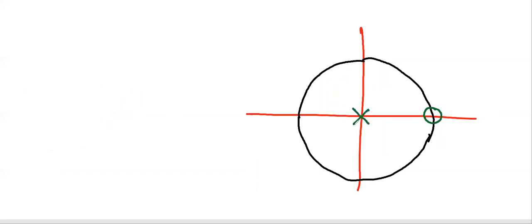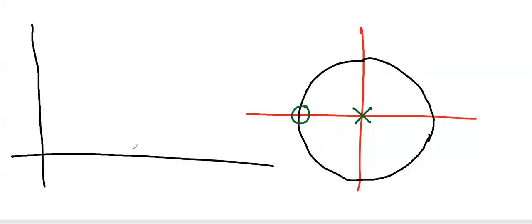Let me draw this one, so that we try to draw the magnitude response here from 0 to pi. Let's say this is pi by 2. Okay, so I'll write that approximately for this point at omega equals 0.